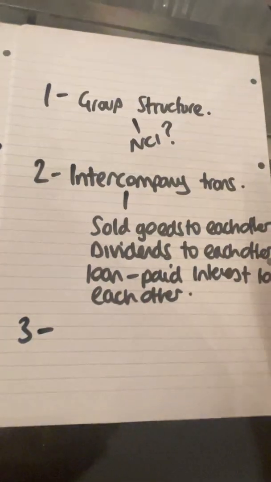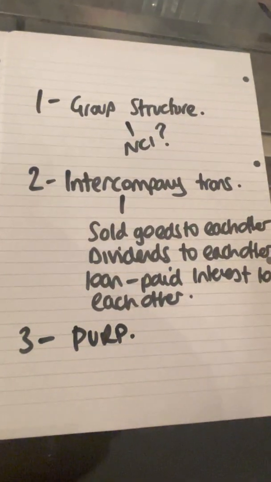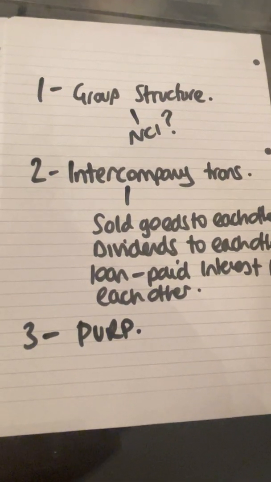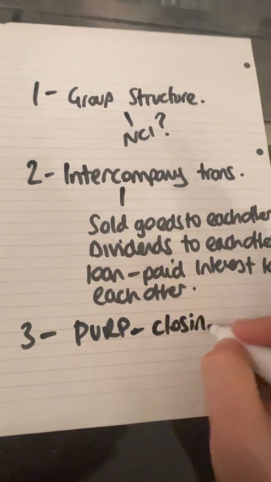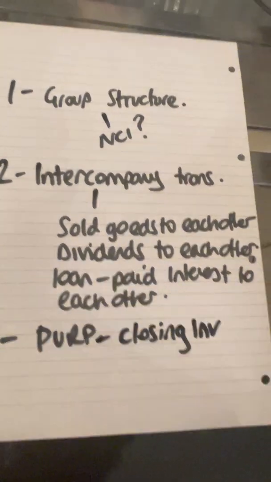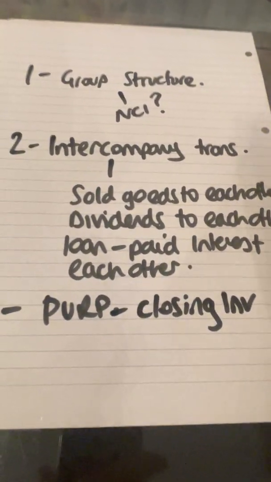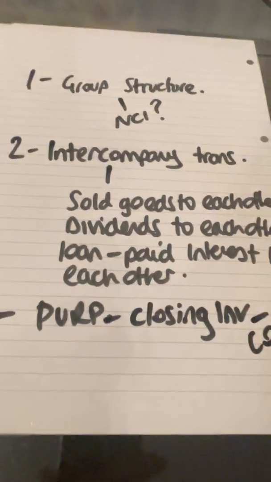The third thing that we need to think about is, do we have any unrealised profit again? We did this in the SFP, and this is going to affect the same place again. In the SFP it affected closing inventory, and it's going to affect the same in the P&L because remember the closing inventory lives in the cost of sales.